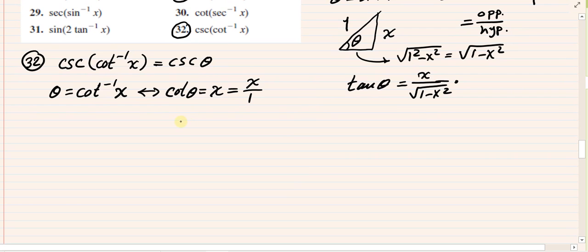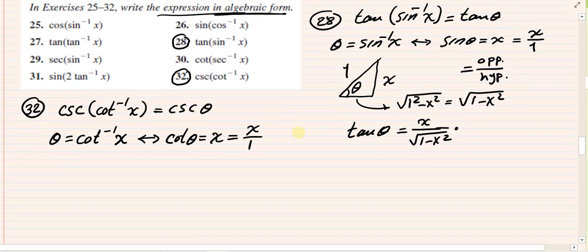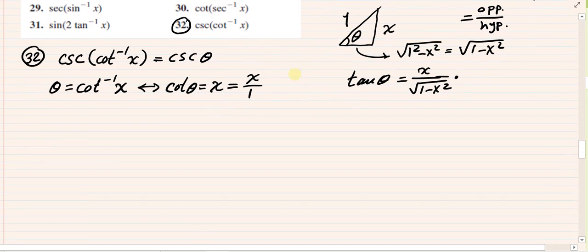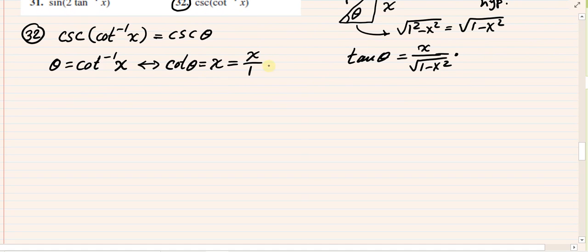Now, cotangent is 1 over tangent. For tangent, it was opposite to adjacent, right? So cotangent is going to be the ratio of adjacent to opposite in a triangle. I need that in order to construct my triangle and label it appropriately.